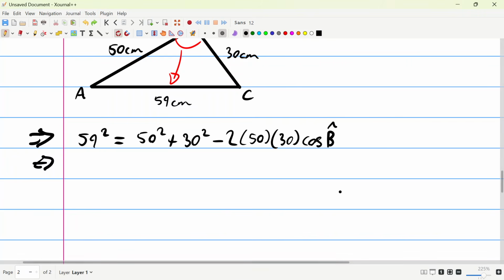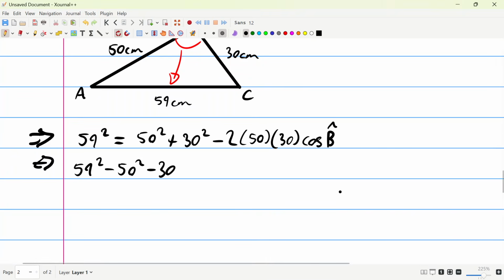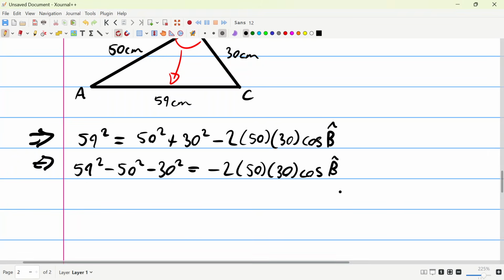And then we are left with 59 squared minus 50 squared minus 30 squared, which is equal to negative 2 times 50 times 30 cos B.